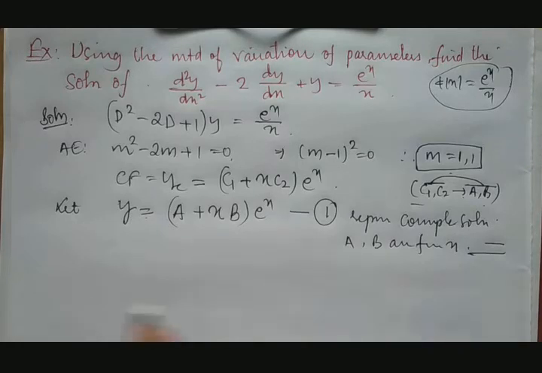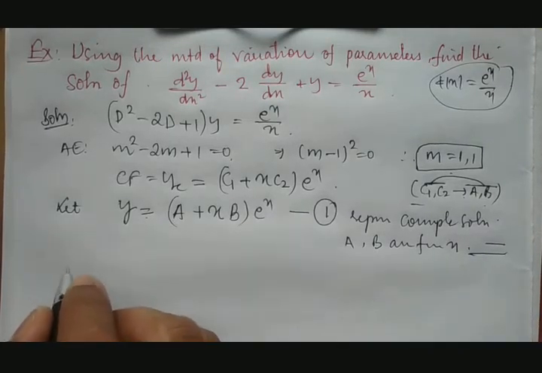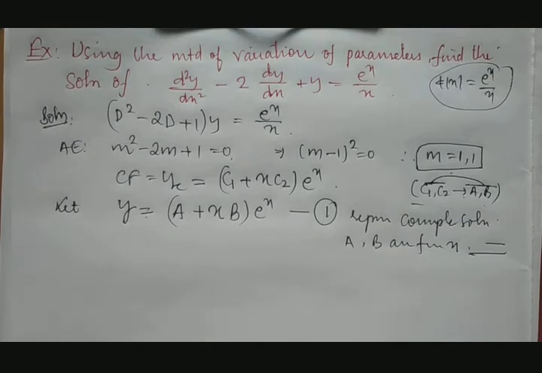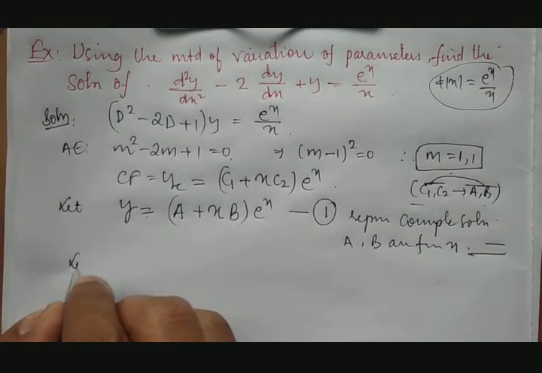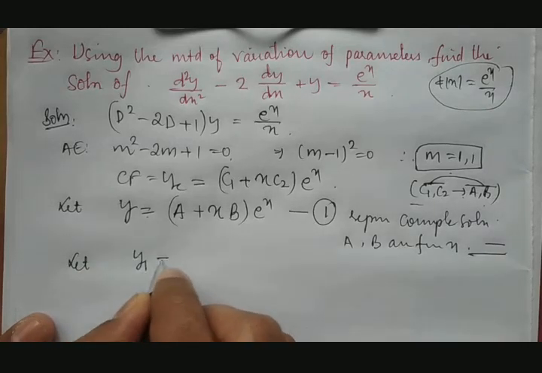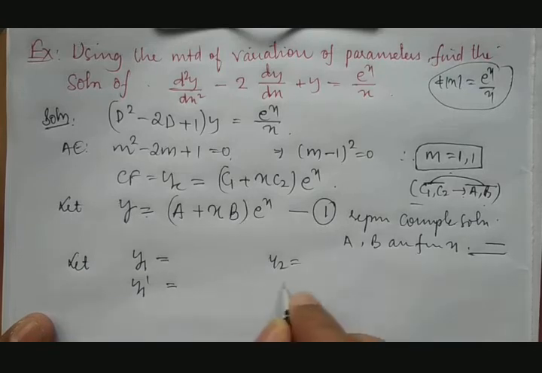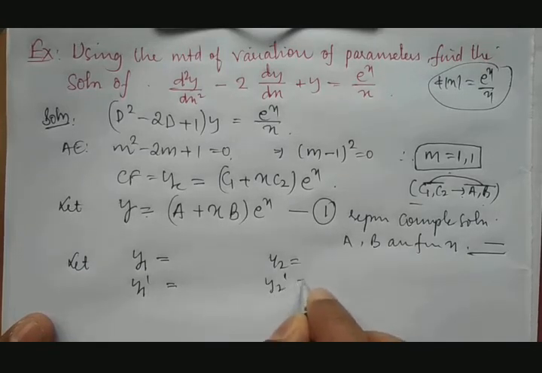It is not yet calculated. To calculate this, first we need to go through the Wronskian formula. To get the Wronskian, basically we need y1, y2, y1 dash, y2 dash.